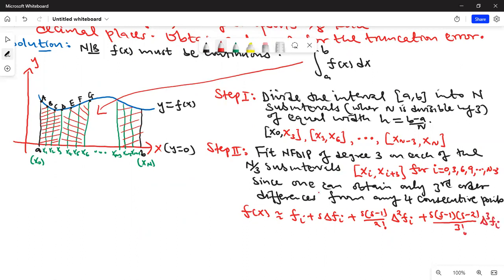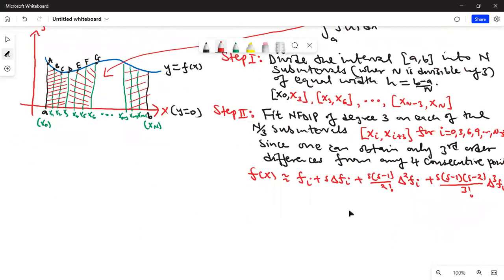That's our interpolating polynomial of degree 3. So therefore, if you want to calculate the integral, simply evaluate that integral.